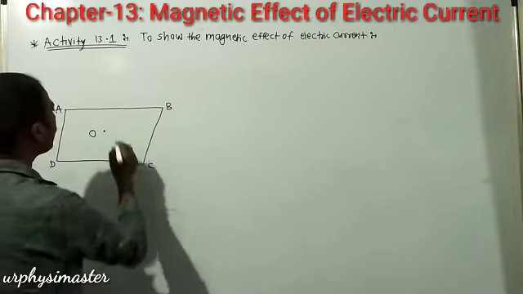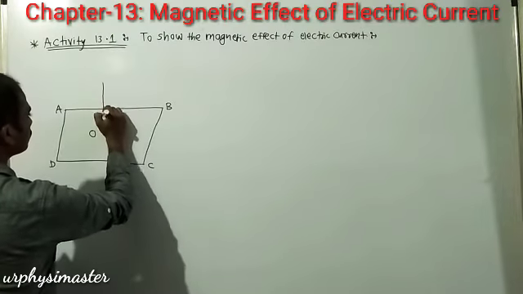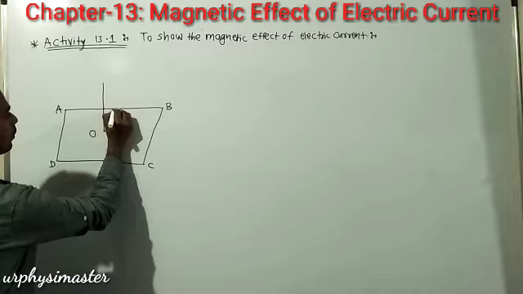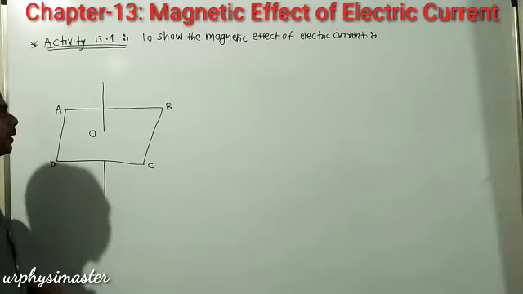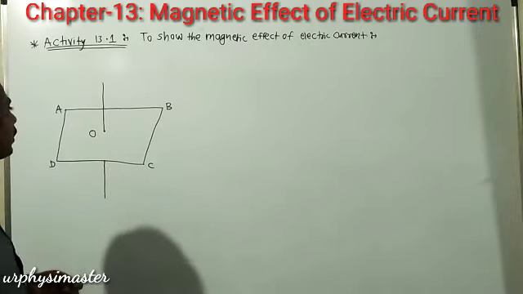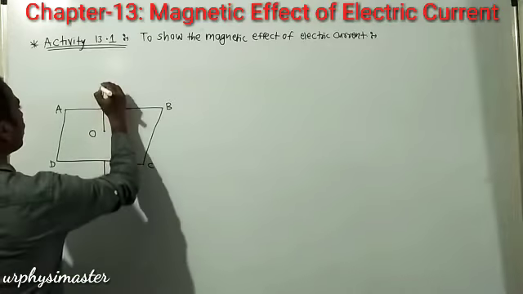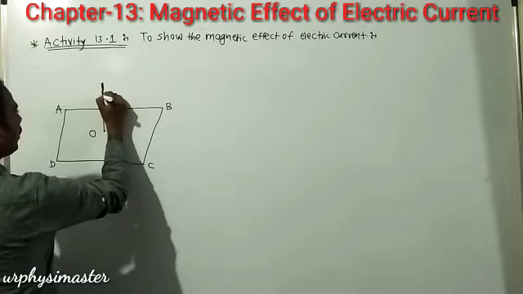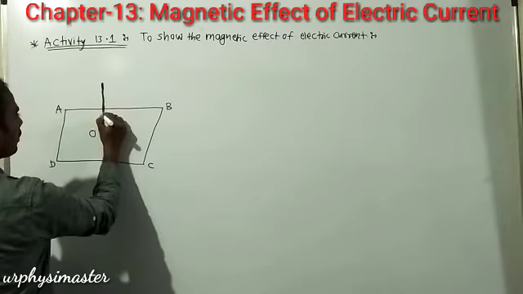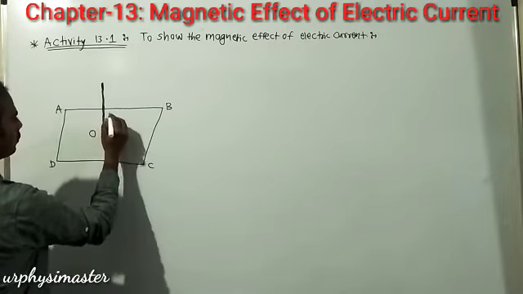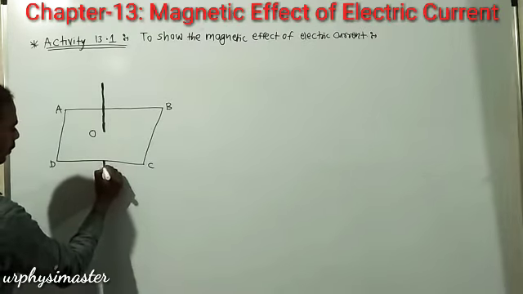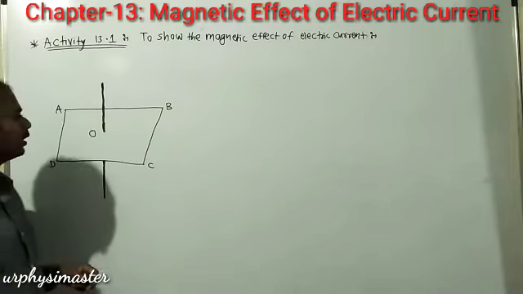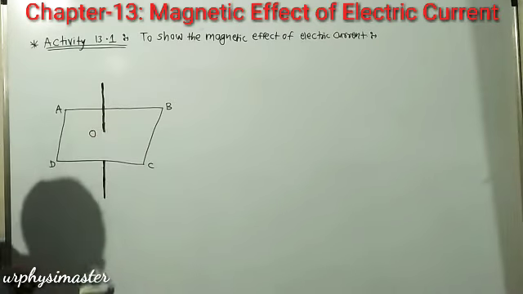This thick copper wire is passing through this horizontally kept rectangular cardboard ABCD, through the center of the cardboard.